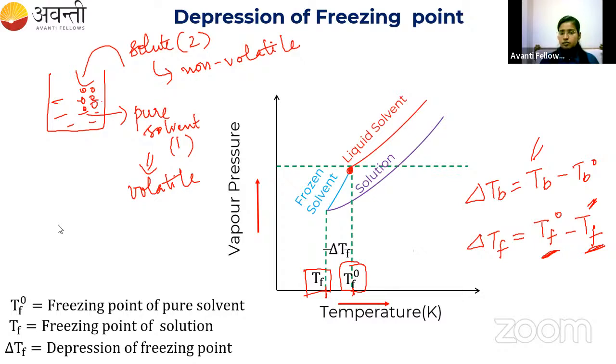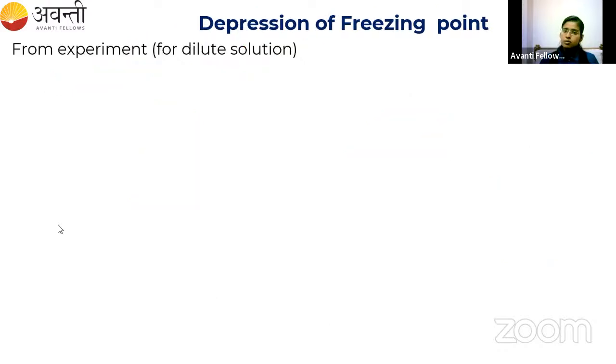Should be very clear. Now we'll see some formulas like we have seen for boiling point. Again here the delta TF is directly proportional to molality. Now if I remove this proportionality symbol, I have to introduce a constant which is called Kf. Here Kf also has three names.